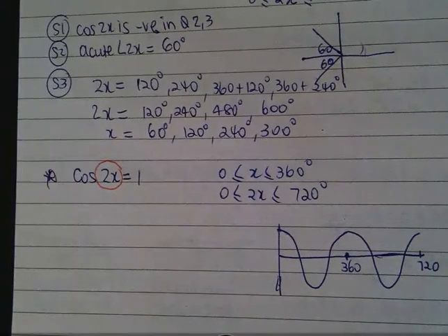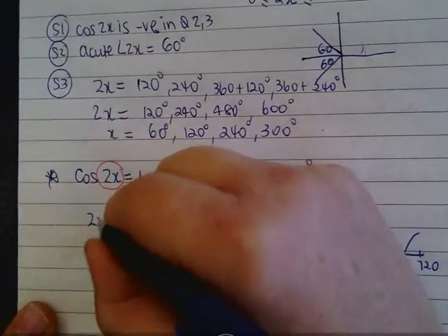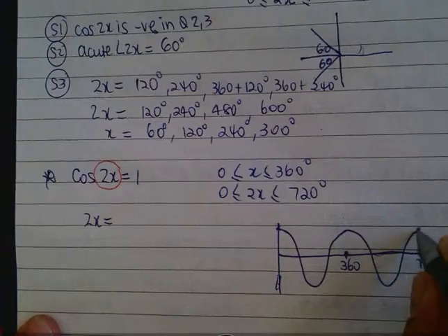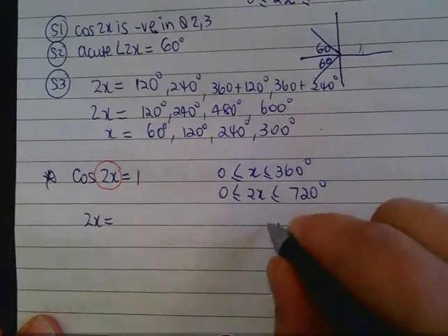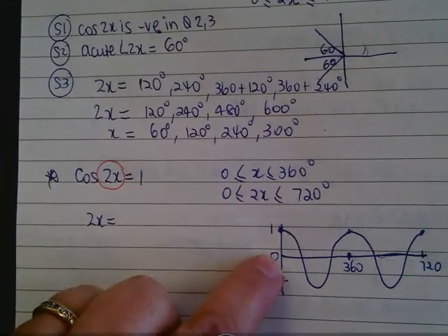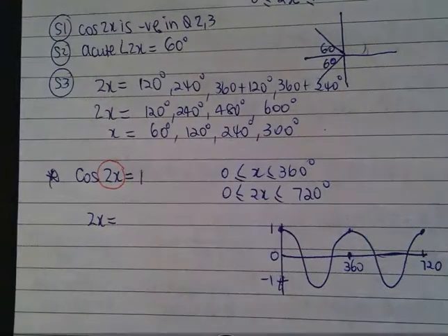Remember, I just treat that 2x as just a thing. So 2x is, what are my solutions? Where is it 1? Yeah, the 2x is 0 or 360 or 720.